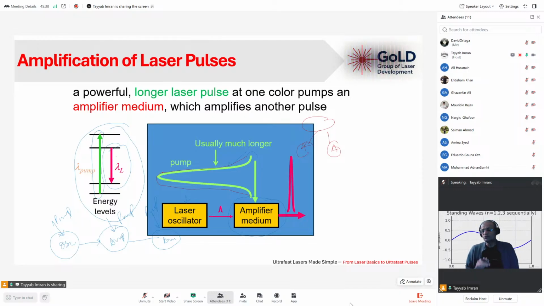And as I mentioned many times, for this titanium sapphire laser we need a green color pump. The green colored pump is because it depends on the absorption band, if you remember, or if you go back to my previous lectures, maybe you can understand somehow.